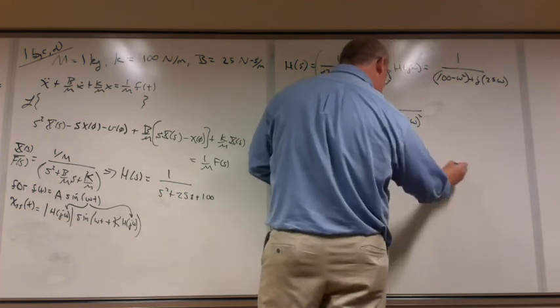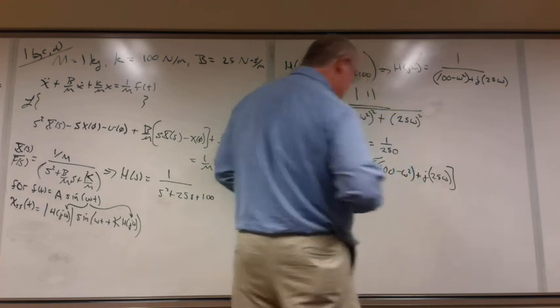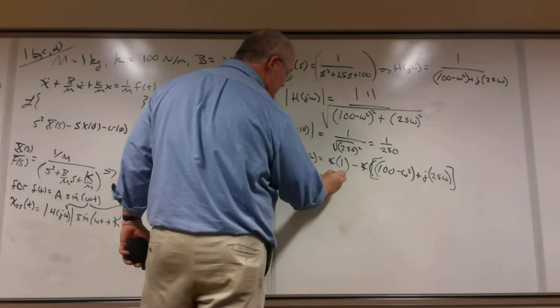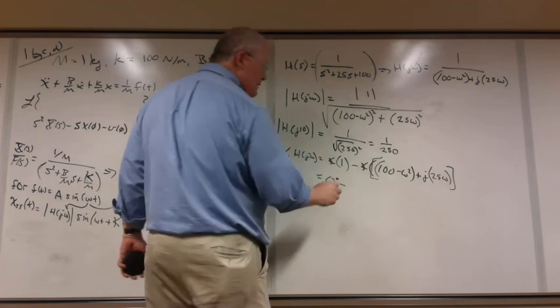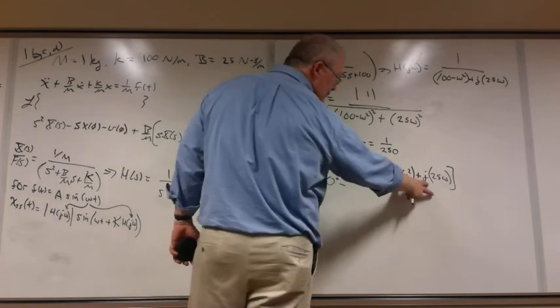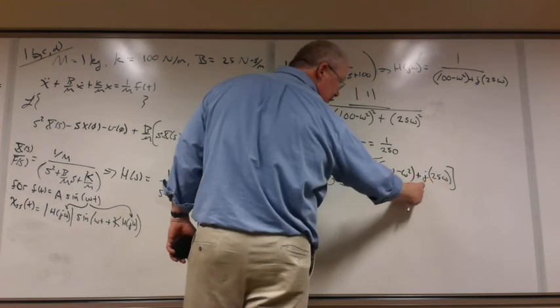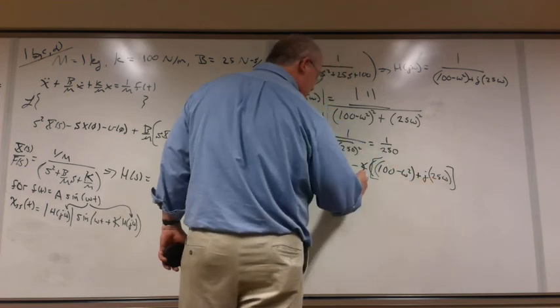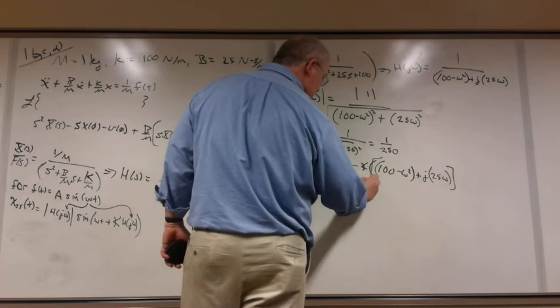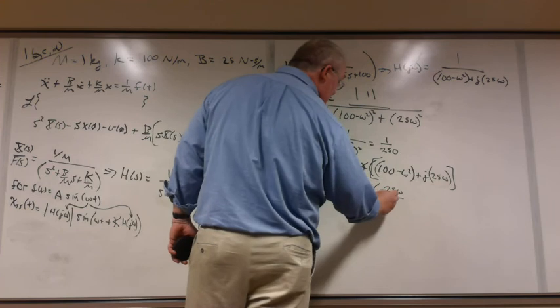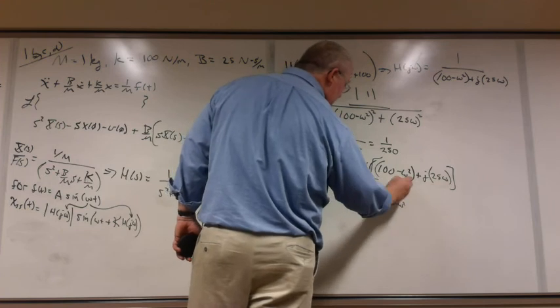Okay, so the angle of 1 is equal to 0 degrees minus, and then the angle of any complex number is going to be the inverse tangent of the imaginary part, not including j, divided by the real part. So it's going to be minus the inverse tangent of 25 omega divided by 100 minus omega squared.